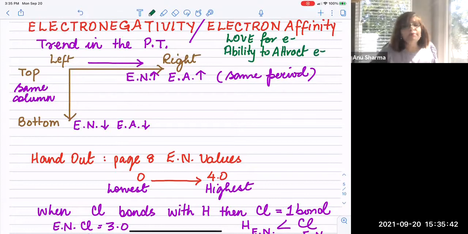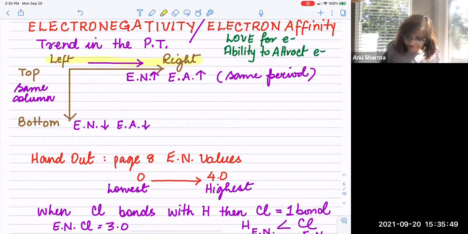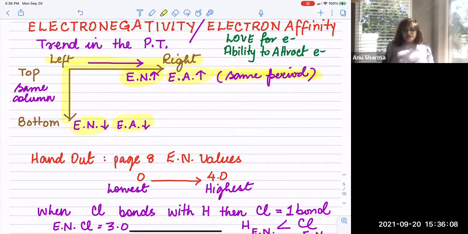So when you go from left to right in the same period, the electronegativity increases, right? But when you go from top to bottom, the electronegativity decreases. And electronegativity and electron affinity go side by side.